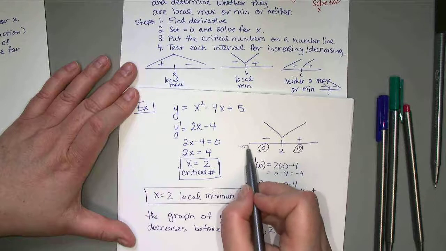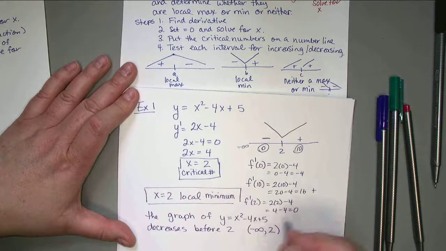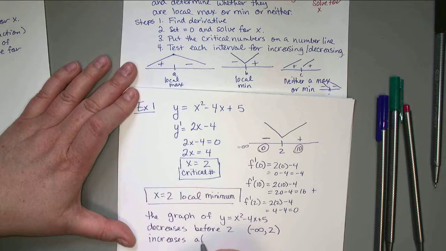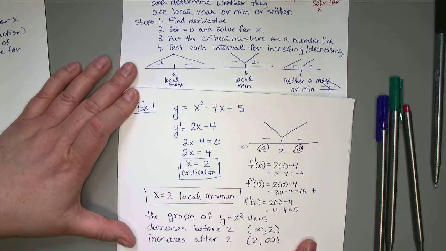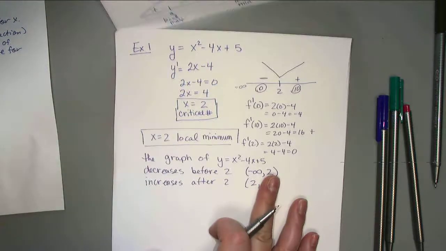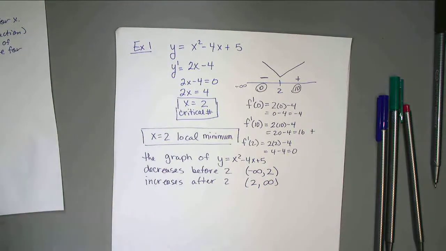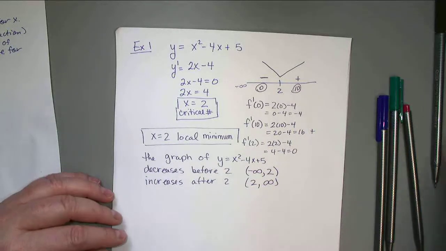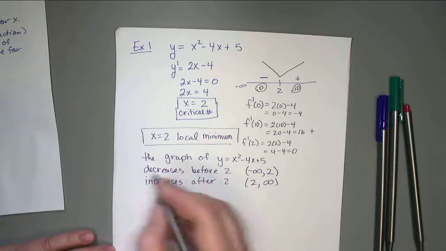So that's negative infinity all the way to 2 with round brackets. That's an interval. And it increases after 2. So we would say that's 2 all the way to infinity. And we're going to need this later, so I'm just going to write it down now. On the homework I don't ask you to do that part, but it is good to see because we do have to do it later as another part of the course.